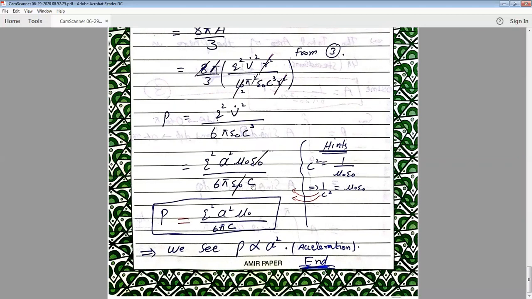Then this value in the denominator comes into the numerator. After simplification, we get power equal to q square acceleration square mu naught over 6 pi c. This is the power radiated by a point charge, and we see that the power radiated by a point charge is directly proportional to the acceleration of the charge. Thank you.